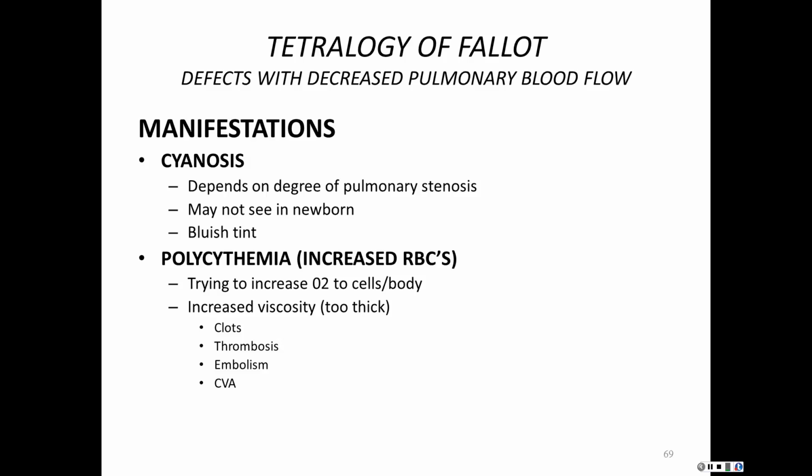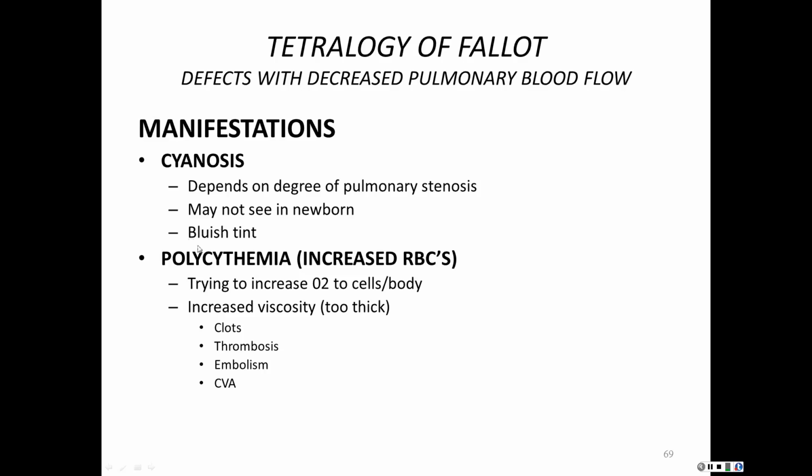Clinical manifestations that we see with these children are typically cyanosis, and the amount of cyanosis is going to depend on the degree of pulmonary stenosis. As we get more stenosis, the right ventricle tries to pump that blood through, and it ends up moving from the right side into the left side of the heart. You may not see this in newborns, but they could have a bluish tint.